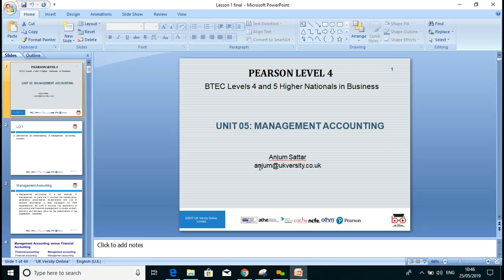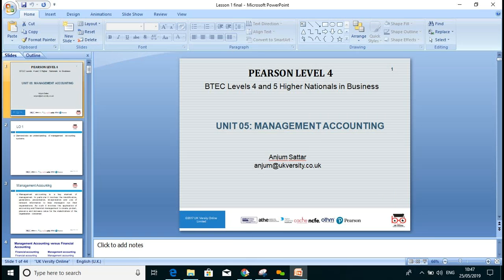So if you're a manager in an organization, your job is to achieve the organization's objectives. Accounting means systematically recording business transactions. So management accounting means how we manage our costing, our transactions, our profit, our losses. Management accounting is what we use in our organization for internal purposes.